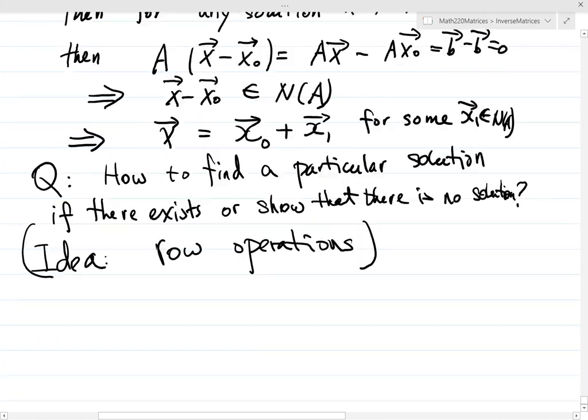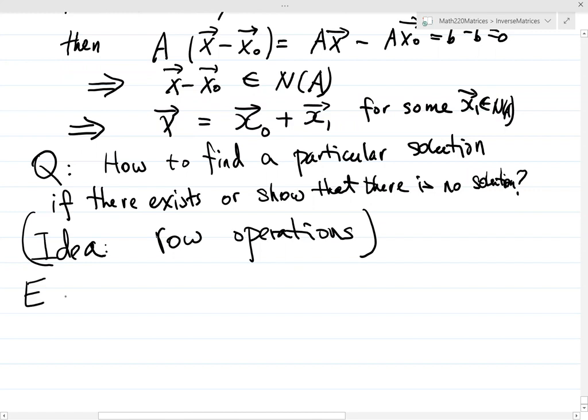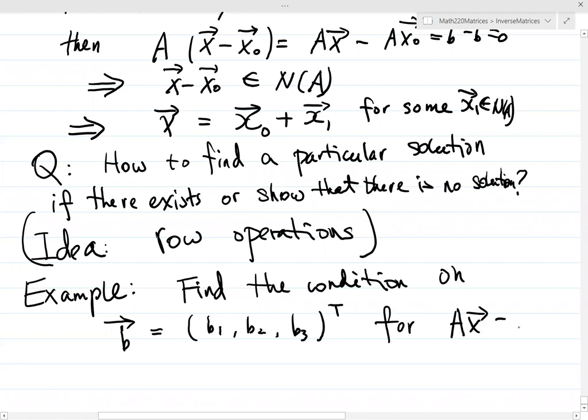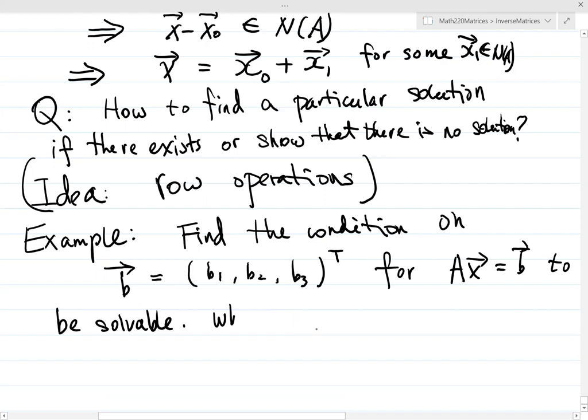Now let's do one example. Find the condition on the vector B, which is (B1, B2, B3) transpose, for which Ax equals B to be solvable, where the matrix A is this matrix: 1, 1, 1, 2, -2, -3.